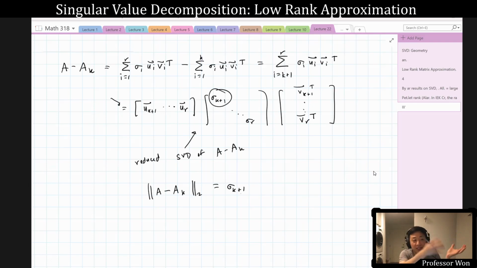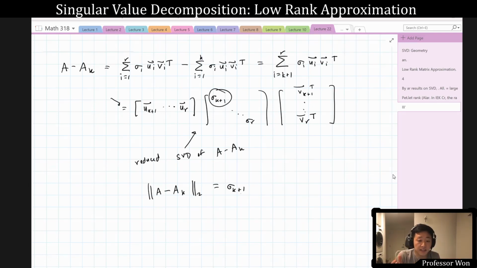If you have large singular values, then you want to include them in your approximation, because as the singular values get smaller and smaller, they matter less and less in terms of how well you can approximate the matrix. That's to say, most of the information about the matrix is contained in the first largest singular values.